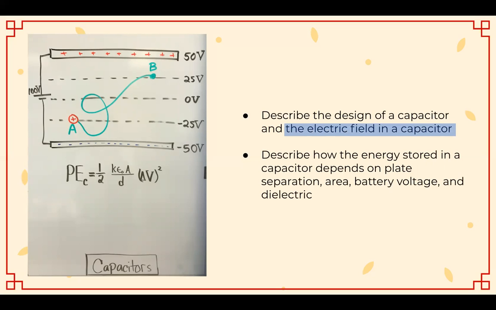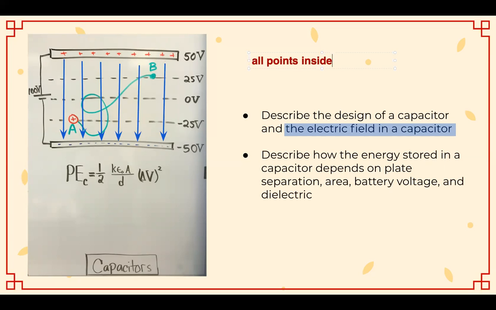Inside a capacitor, the electric field points from positive to negative. So in this case, the electric field points straight down. And we get these nice evenly spaced field lines. What that means is all points inside a capacitor have the same electric field as each other.